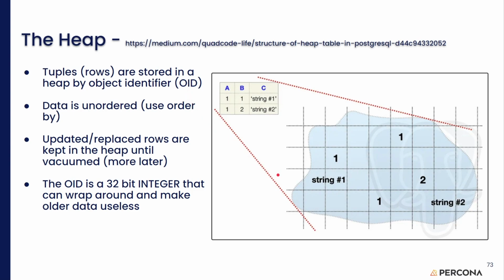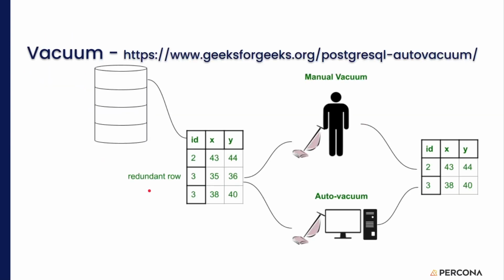The data is not stored in any sort of order, and anything that is updated or replaced is kept in the heap until it can be cleaned up. Now, the OID is a 32-bit integer that can wrap around and cause all sorts of problems. So you need to make sure that every 4 billion transactions, or hopefully a lot sooner, the heap is vacuumed.